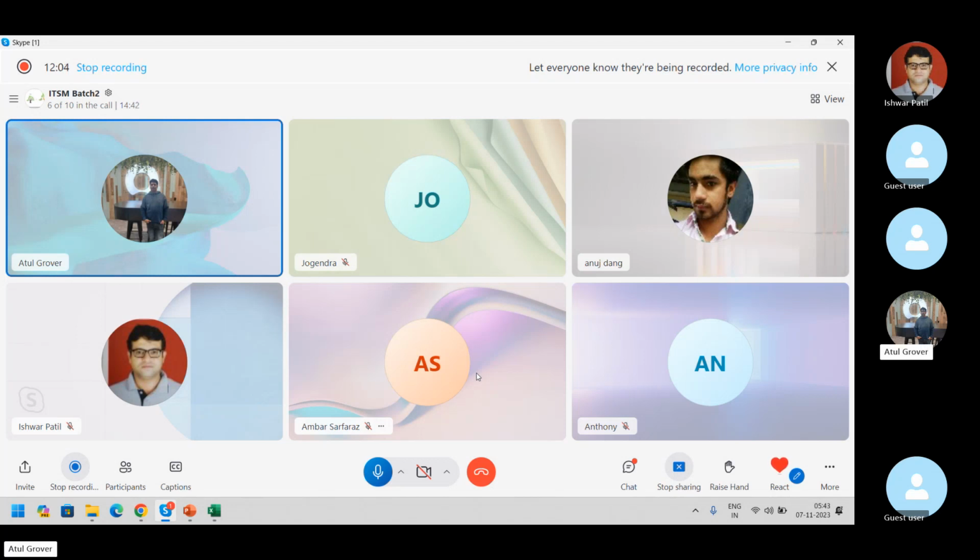Then we will not be able to achieve the value. Maybe today I started this gossip. Tomorrow if Anuj or Jogendra or Khalda or Anthony does it, it becomes a practice. Then you cannot blame me. Atul, you started. Because we are all connected with each other.